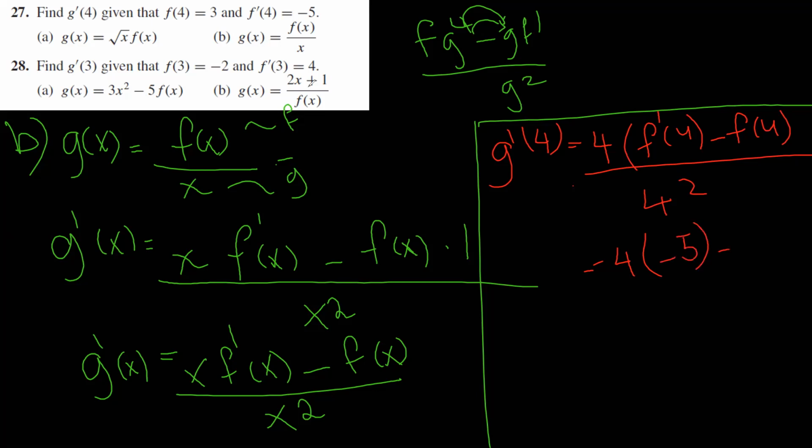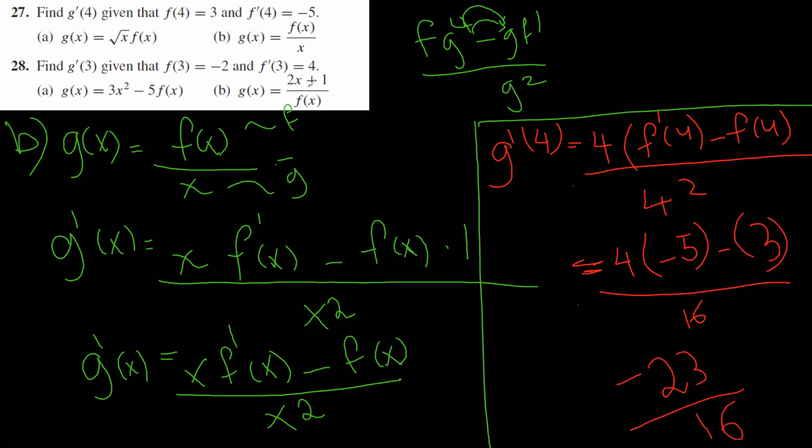Minus f of 4, which is 3, over 16. So 4 times -5 is -20, minus 3, it's -23 over 16. Is it clear now? Yes, teacher.